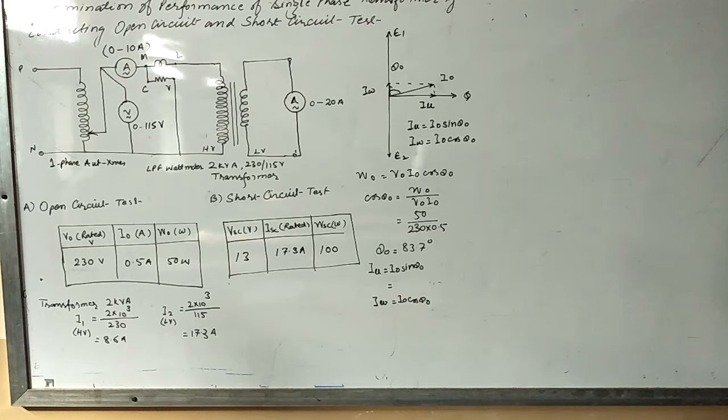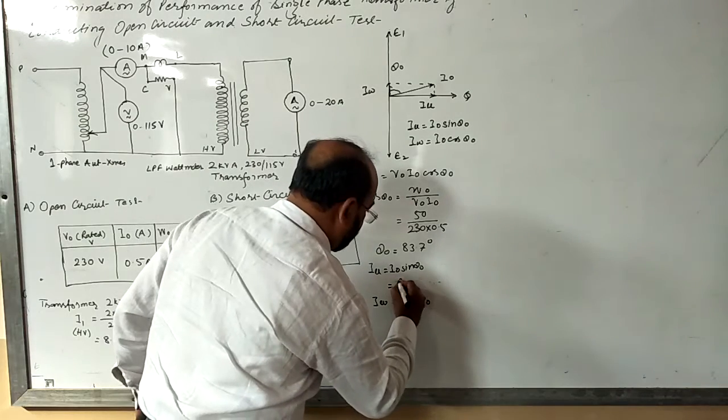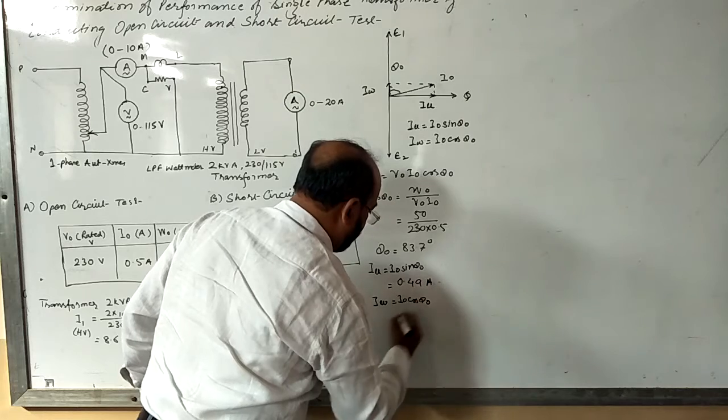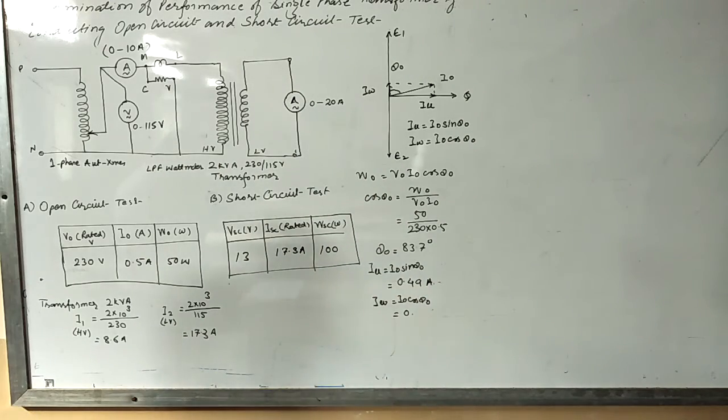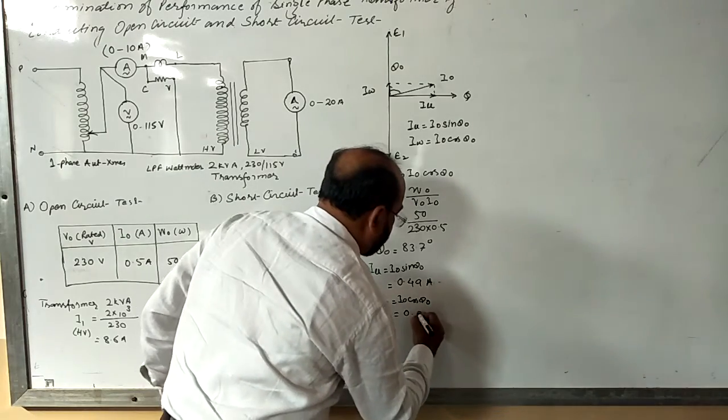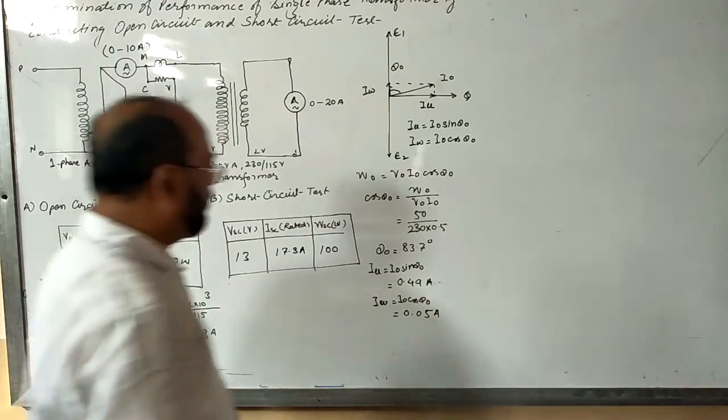What are the values? It is 0.49 ampere, and 0.005 ampere. So these are the values we have found.